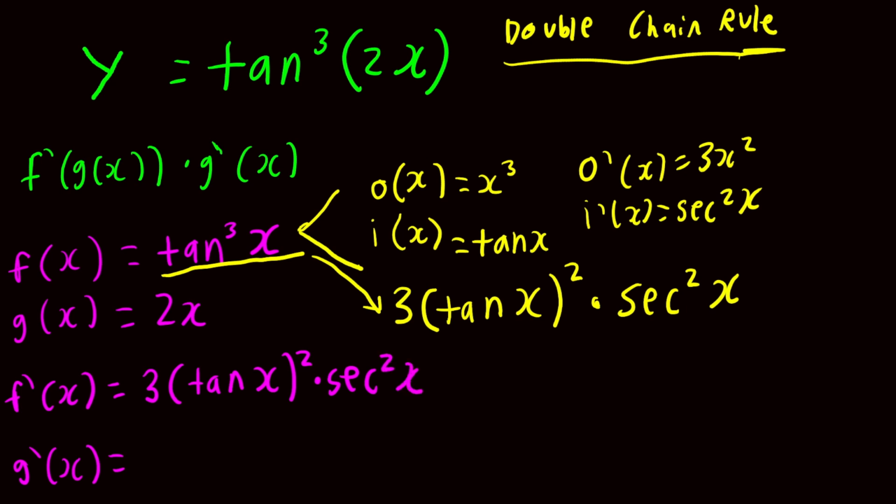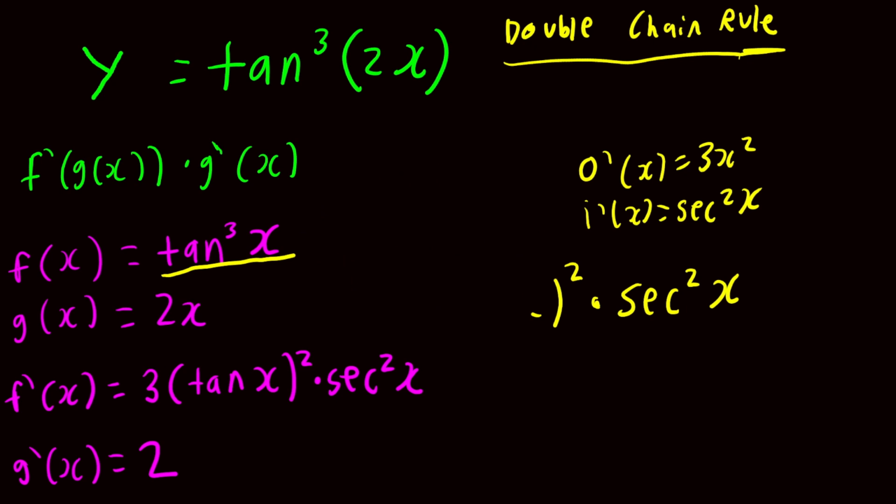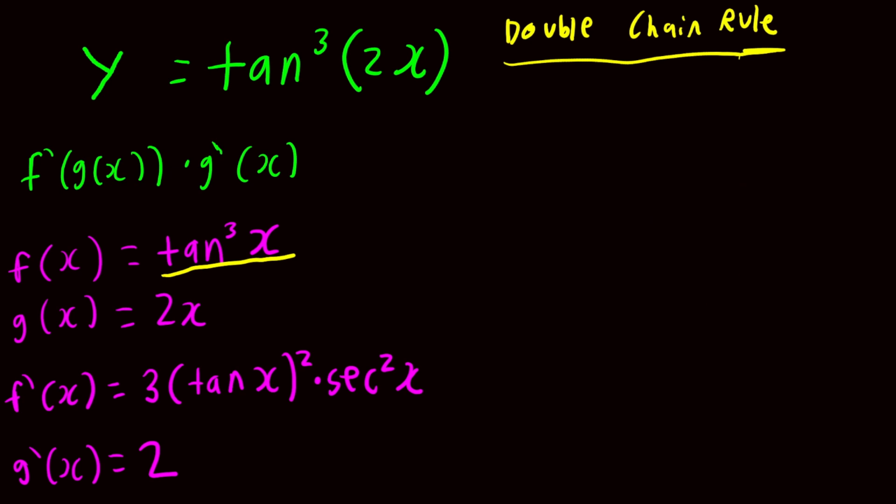And now g prime of x is just 2. Right, that's just simple. Now I'm going to erase this so we have a little bit more space. There we go. Okay, so now let's do our chain rule. Again, put all our ingredients back into our formula, f prime of x, so 3.